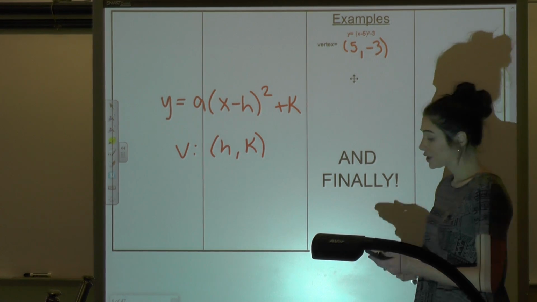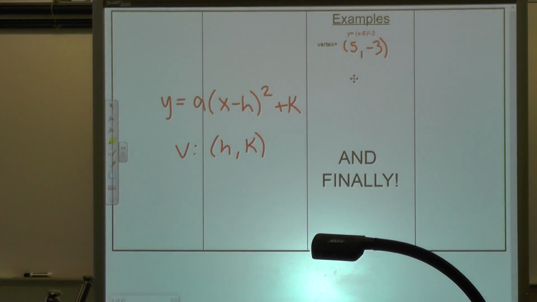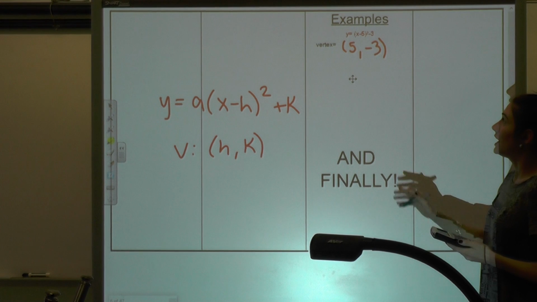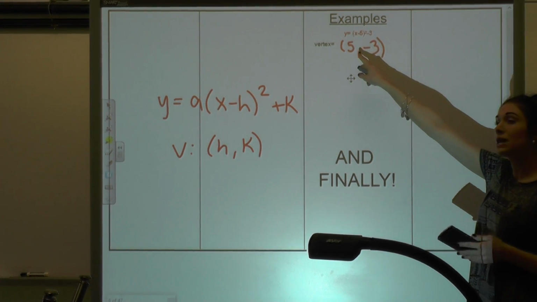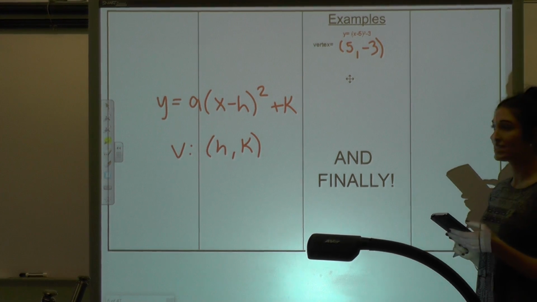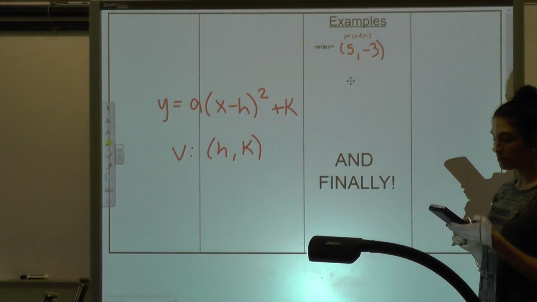Then we're going to find our other points using our table. I need you to go to y equals, using the steps that we just wrote down on your fourth column, and type in your equation. Make sure you type it in exactly like this. Open parentheses, x minus 5.